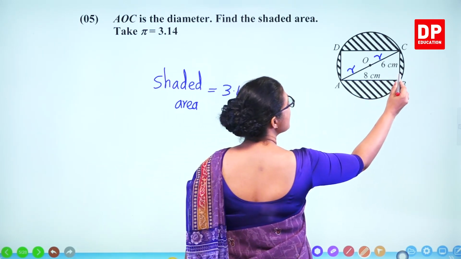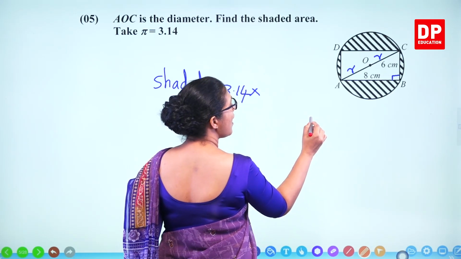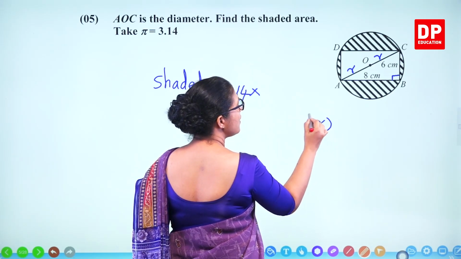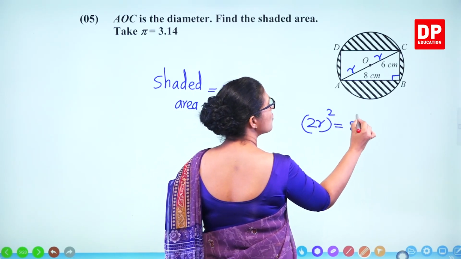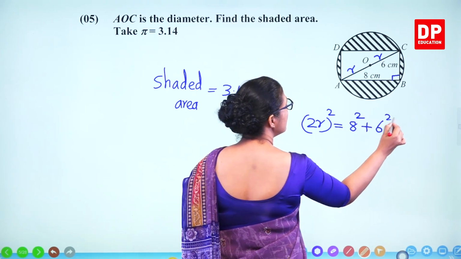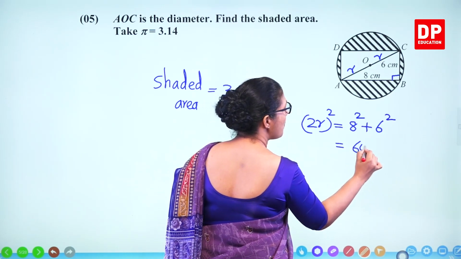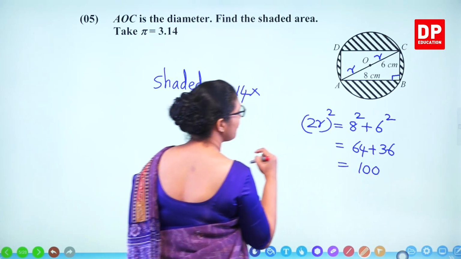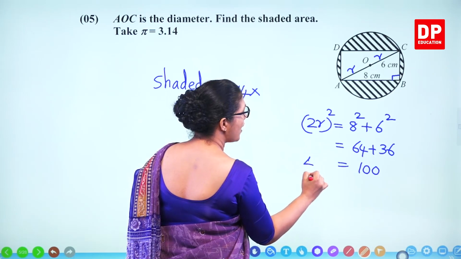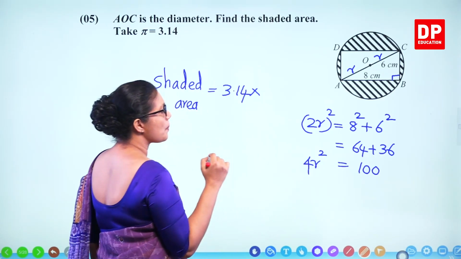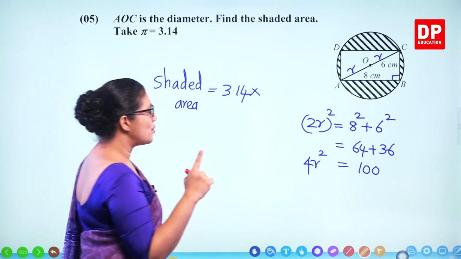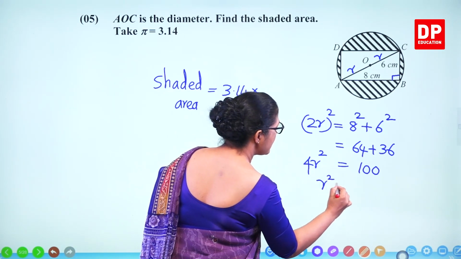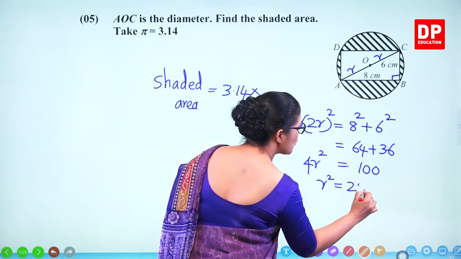Using Pythagoras theorem, you can write 2r whole thing squared is equal to 8 squared plus 6 squared. 64 plus 36, you get 100. So this is 4r squared, since 2 to the power 2 is 4. So r squared is 100 divided by 4, that's 25.